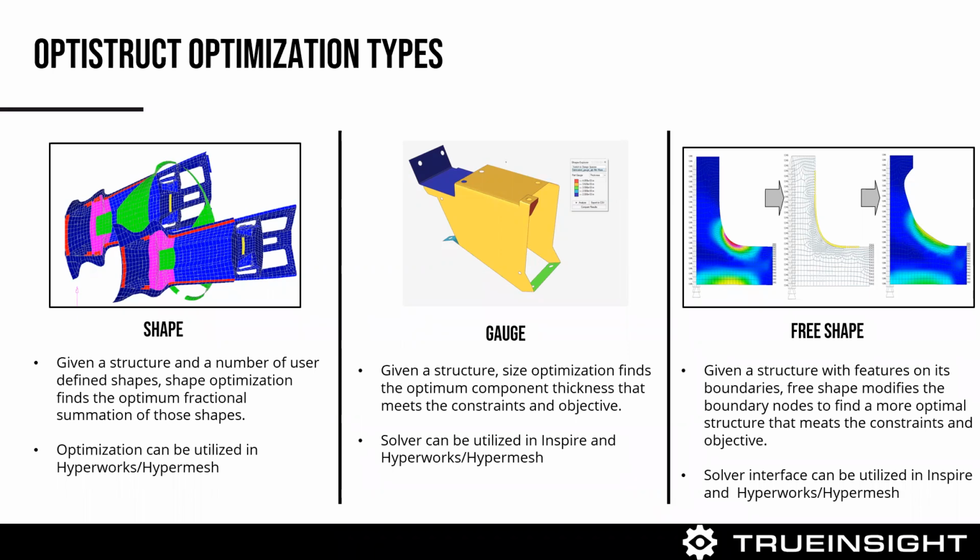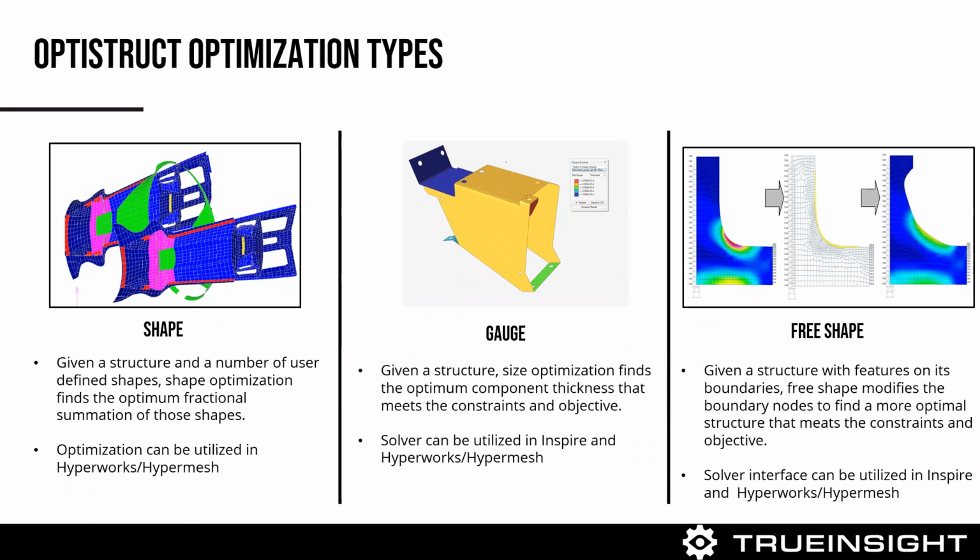Gauge optimization: you can see in the yellow right here, that's looking at a sheet metal thickness, and in blue, varying thicknesses. You're optimizing that gauge thickness within sheet metal. Free shape is a combination of free size and shape optimization. You can see in this picture a high stress concentration localized around that fillet.